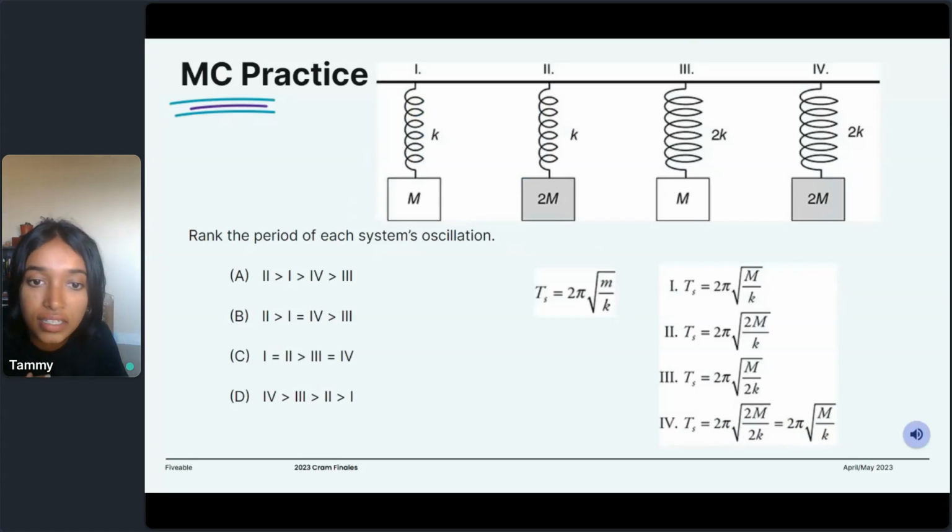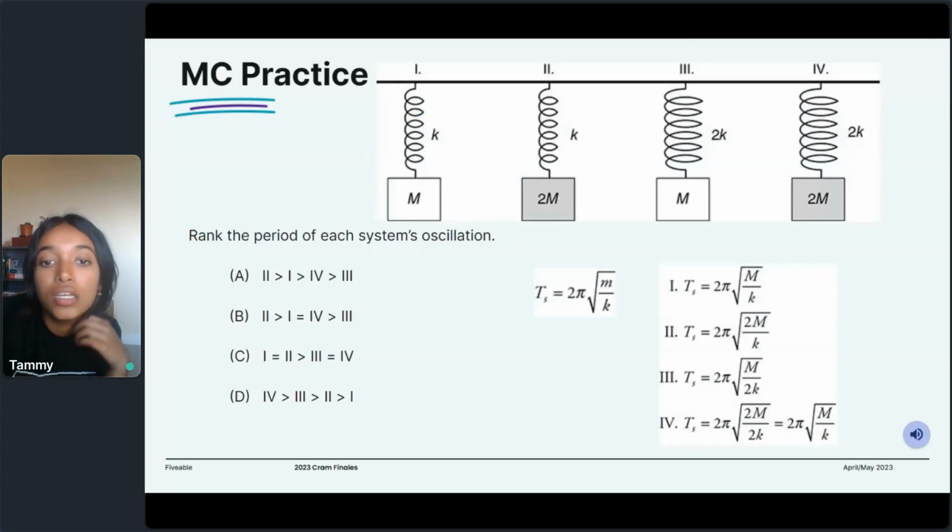So we plug that in and we get 2 pi square root m over k. For 2, we see that we have 2m instead of m. So we just plug that in. Already I can see that the 2m period is greater than just the plain m because a bigger numerator increases the period, right?